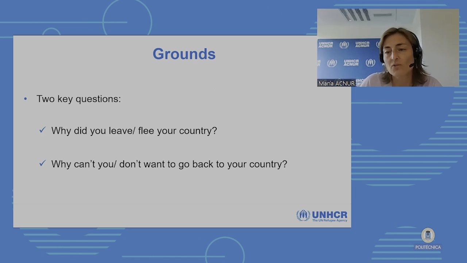Okay, so with these two questions to anybody, you can start to see if that person would be a refugee. It's the ground for which you left your country, but more importantly, the ground for which you cannot go back to your country. And if it has to do with the grounds set out in the definition of the Geneva Convention, we would be in front of a refugee.